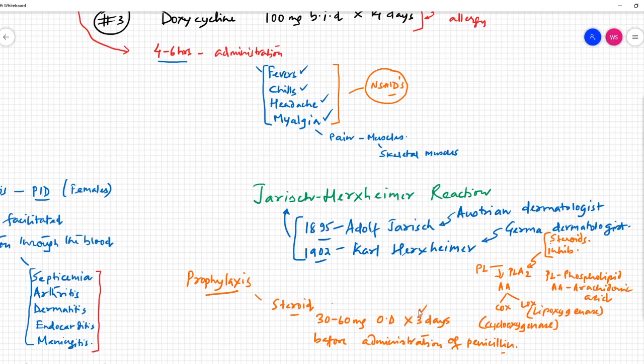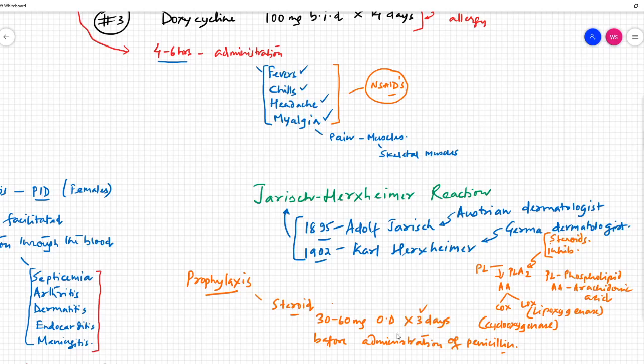So on the third day, penicillins are given intramuscular. So that is how Jarisch-Herxheimer reaction is managed.